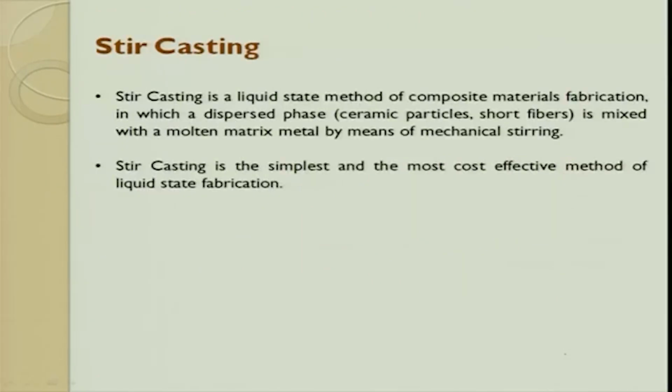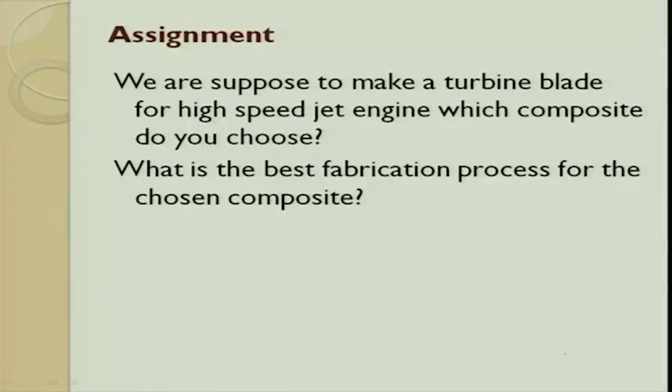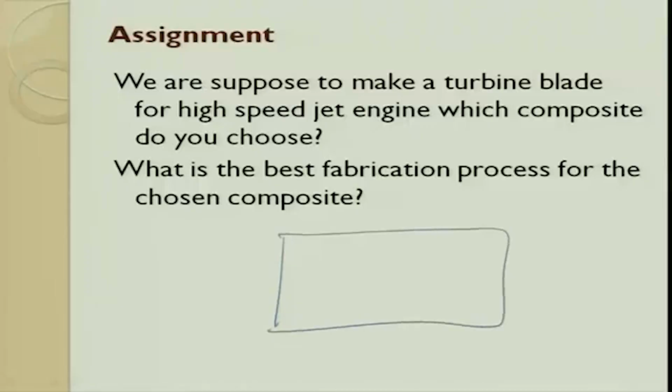Okay, with this we come to the end of this lecture. We have an assignment, which is again a self study for you. If somebody approaches you wanting to make a turbine blade for a high speed jet engine, which metal matrix composite will you choose, and what fabrication process will you suggest for making such blades? For the second question, try to write the answer in tabular form.